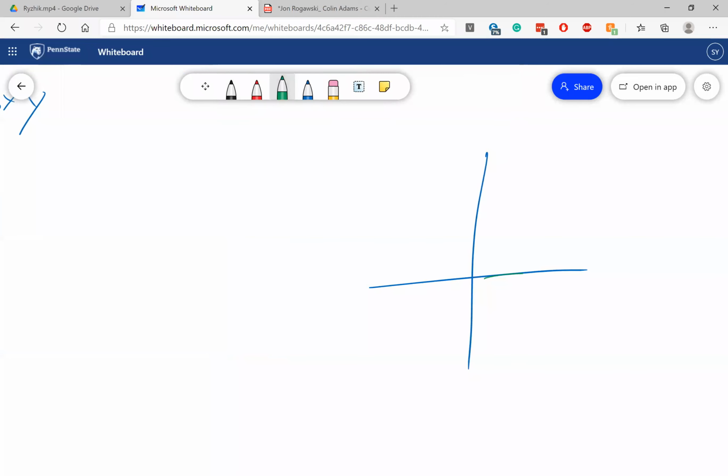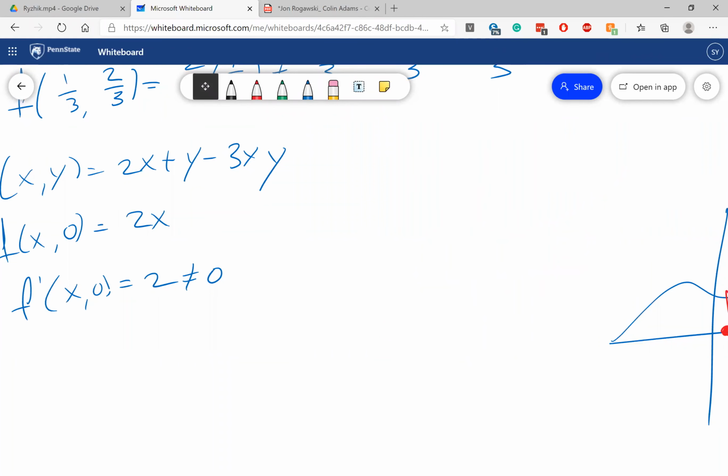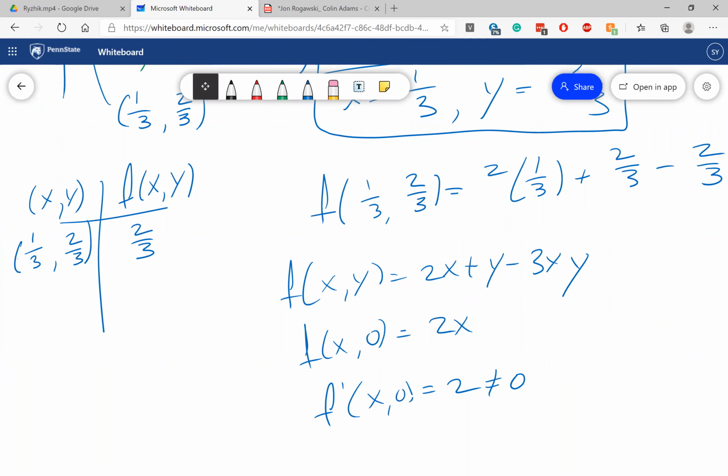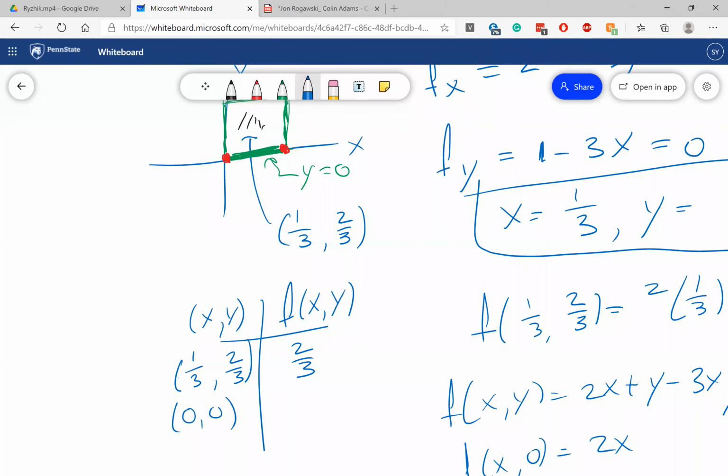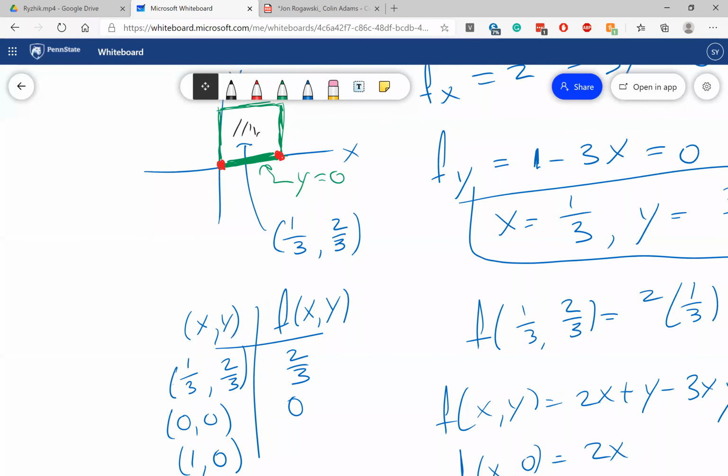So our boundary was this green part, our function maybe looks something like that. And then we need to also plug in these points to see what happens. So what are those points? We can add them to the list. It's the point 0, 0, and the point 1, 0. And the results would be 0, and 1, 0 will get us to 1.